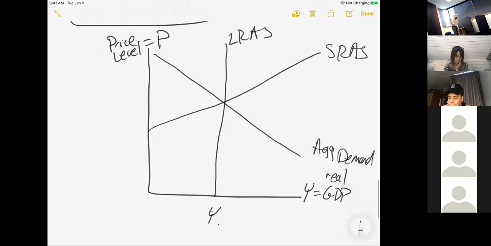Meaning in the long run, we're at the natural rate of output, which is where that long run aggregate supply curve is. And what determines the price level? Well, it's determined by the interplay between aggregate demand, short run aggregate supply, and long run aggregate supply.